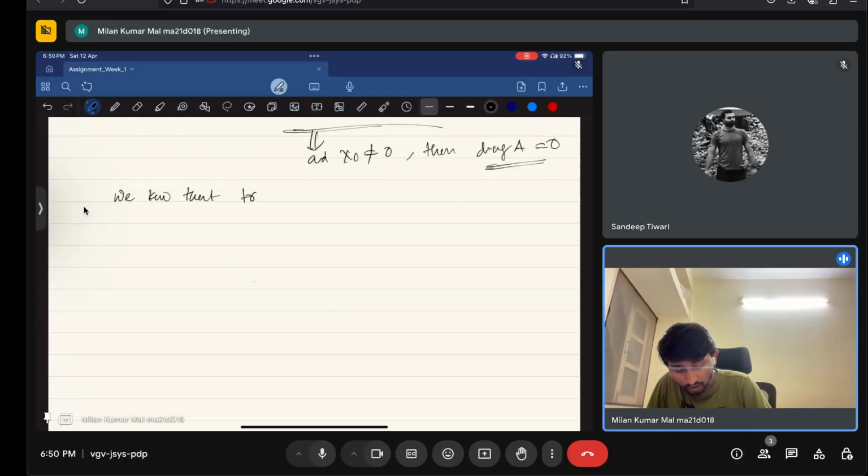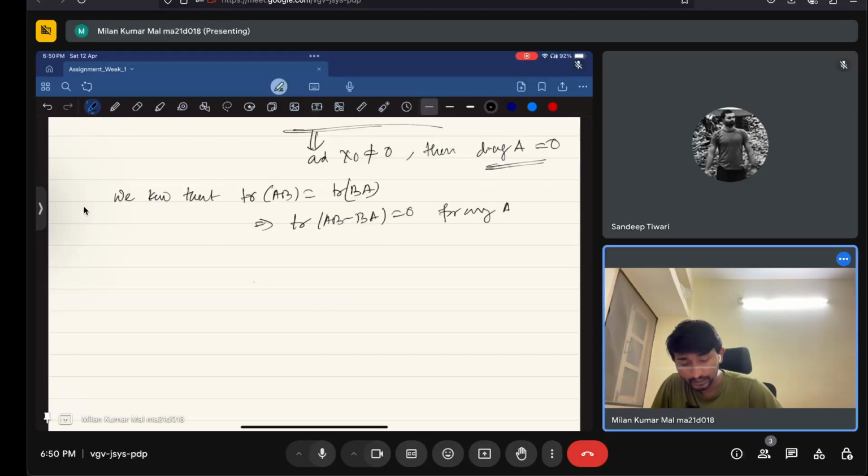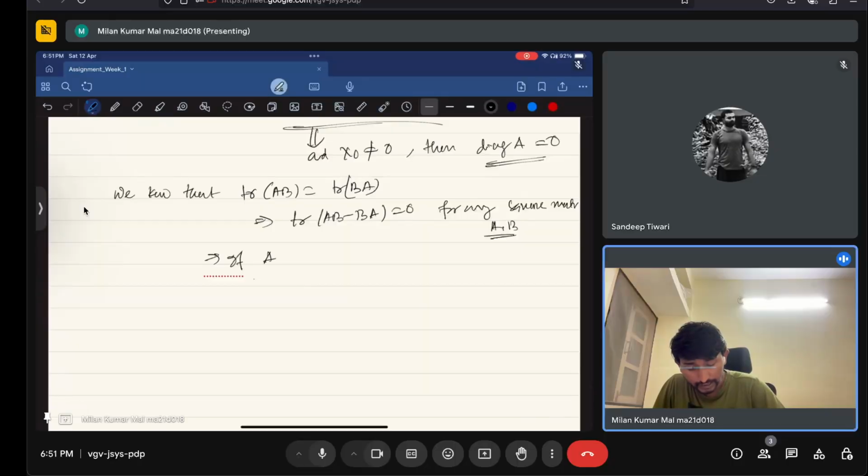We know that trace of AB is equal to trace of BA, and trace is a linear function, right? Trace of AB minus BA is equal to 0 for any square matrices A and B. So that implies if AX minus XA is equal to A, trace of A should be 0.